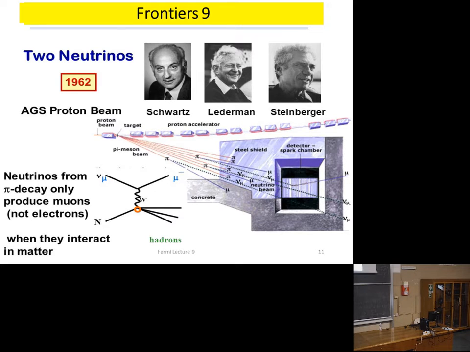And when the pions decay, they always make the neutrino that is associated with a mu meson. So the decay channel of the pion makes a muon. So the decay particles that enter here are always neutrinos that were associated with the production of mu mesons, like the second channel that we had.